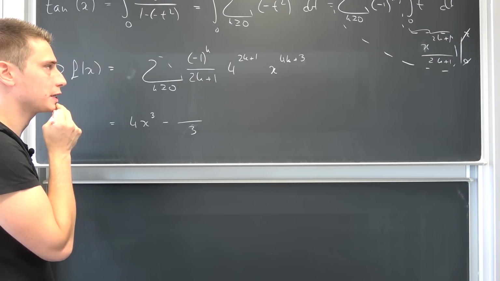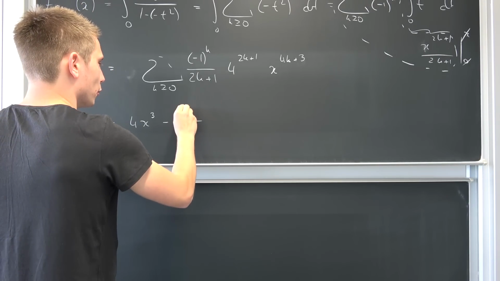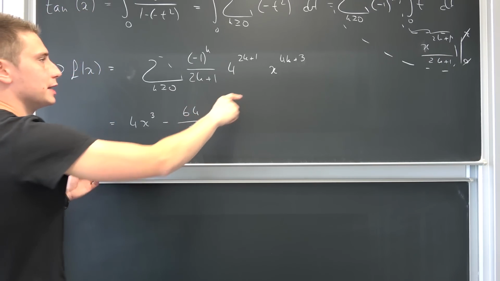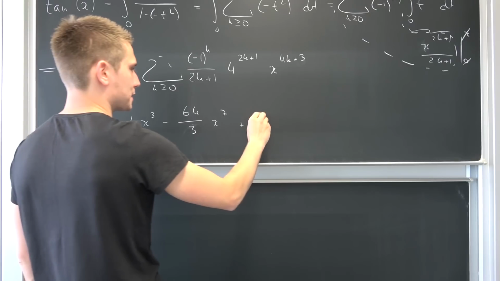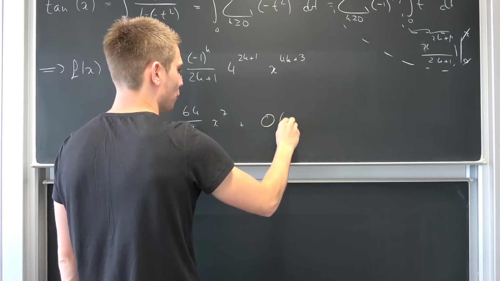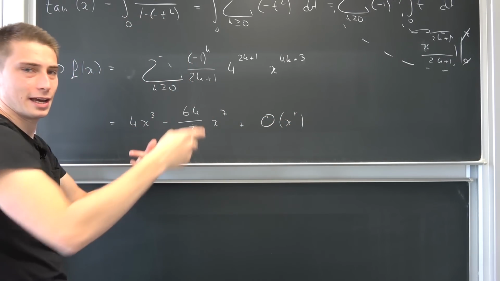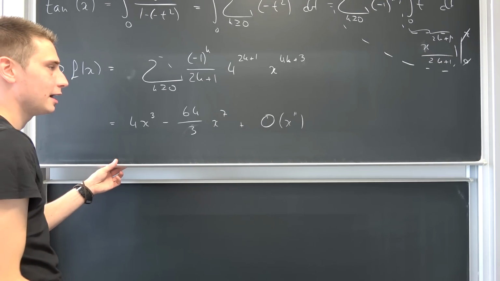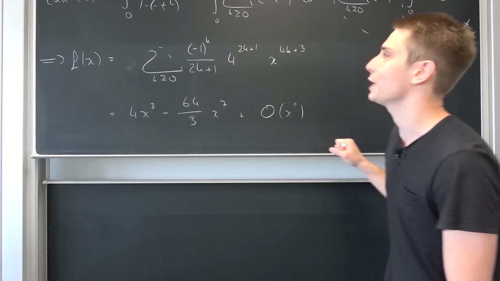Or is it 128? 4 times 4 is 16, no, 64. 64, I was right on this one. And x to the 7th power plus, yeah, simply O of x to the 11th power after that, adding 4 to it right here. Okay, this looks quite exotic, it looks really ugly, but now for the radius of convergence.